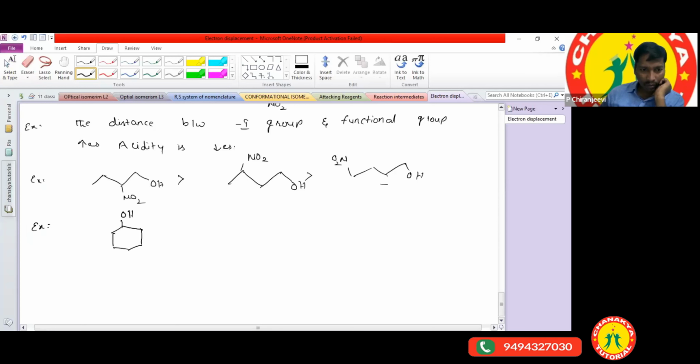Here I can write a cyclo ring with a CH4 group, and one more I can write with the CH4 group at the meta position, and also one more with the CH4 group.